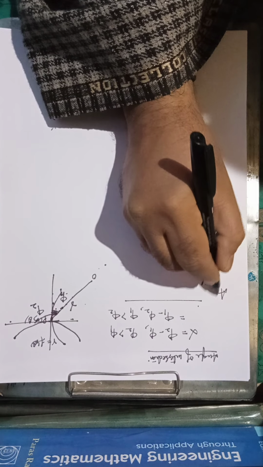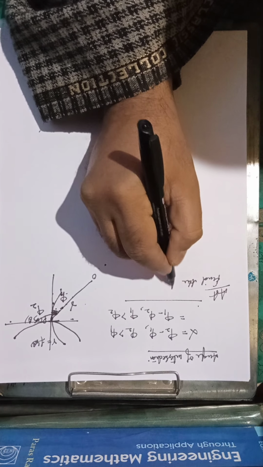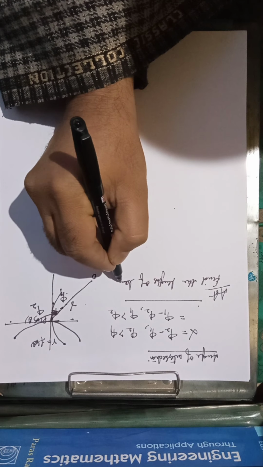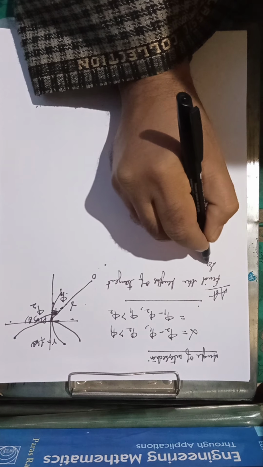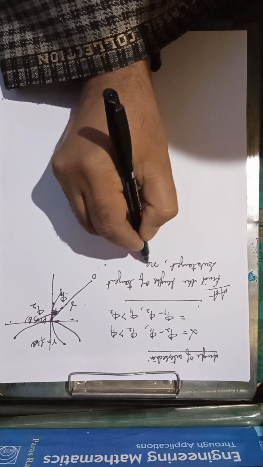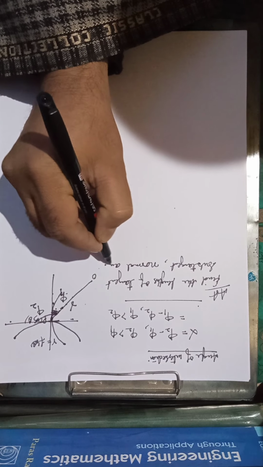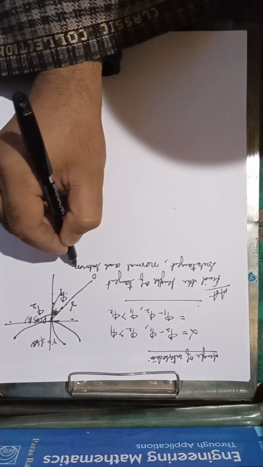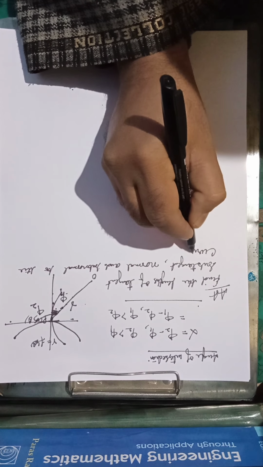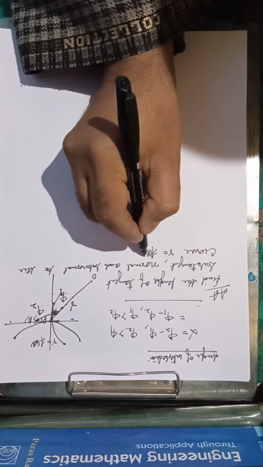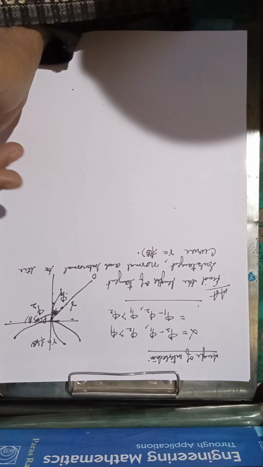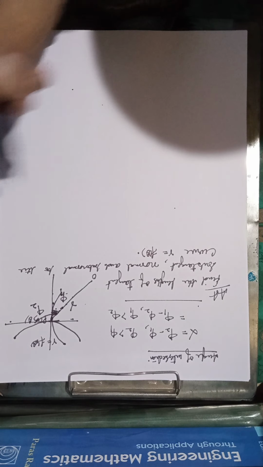This is another article: the lengths of tangent, subtangent, normal and subnormal to the curve r equal to f theta. Earlier you were finding these lengths for the curve y equal f of x. Now we are finding them for r equal f of theta.